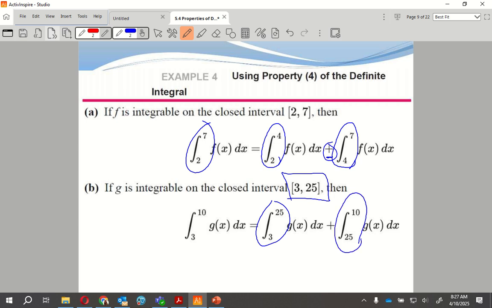But what happened right here? Okay, what's wrong with that one? What looks wrong? What's wrong with the bounds that it gives us? Well, if it's from 3 to 25, I was kind of spacing out, but you said to add them. Okay, but what's wrong with that one that I circled last?